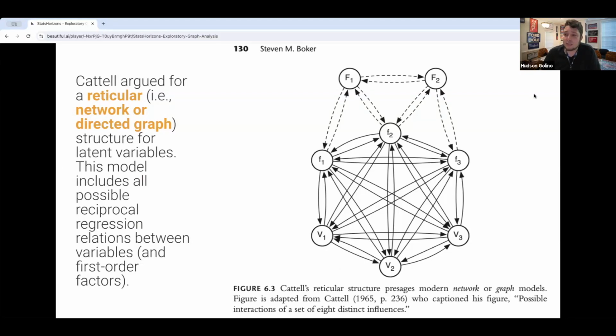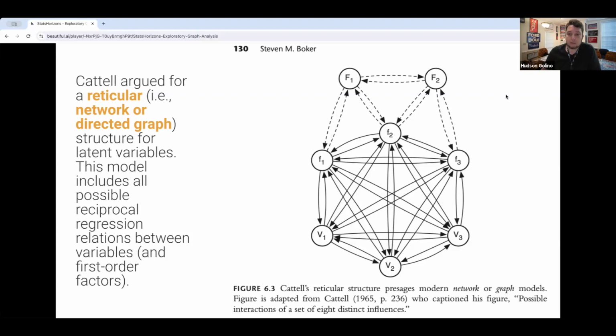So in 1965, Cattell believed that the best way to model data in psychology from a latent variable modeling perspective was a mutually reinforcing graphical structure. So Cattell's reticular structure presages the modern network or graph models.